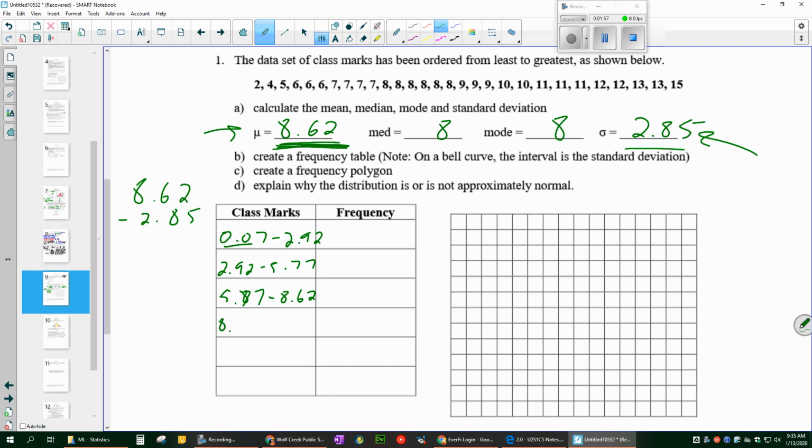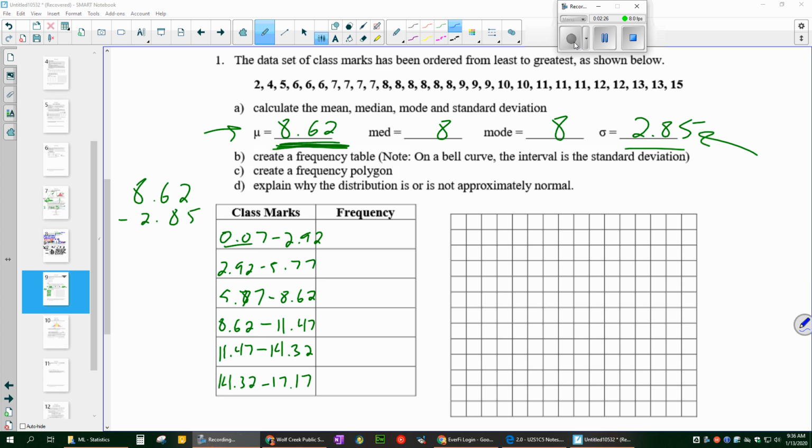And then 8.62 to 11.47, then 11.47 to 14.32, and then 14.32 to 17.17. Okay, from there, we're just going to write down the frequency that this happens.